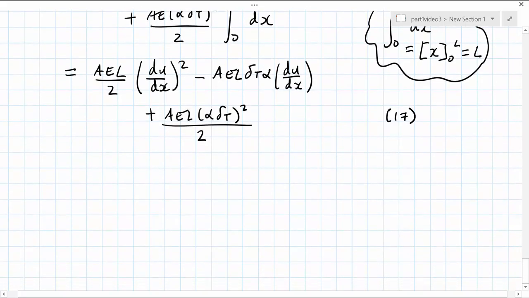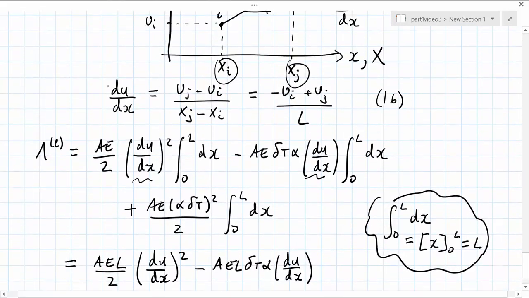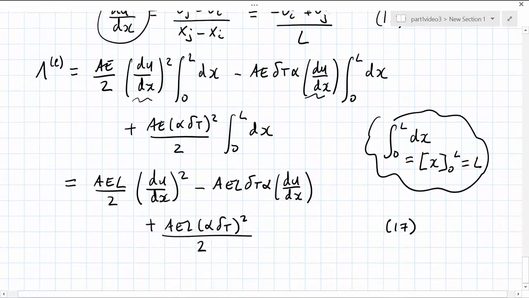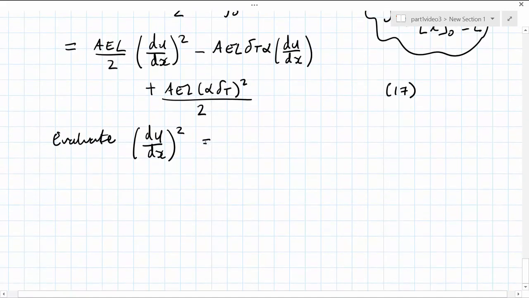We can then evaluate, using the expression that we derived here for du by dx in equation 16, du by dx squared so that we can substitute it into equation 17. This is then simply equal to 1 over L squared times minus Ui plus Uj squared.